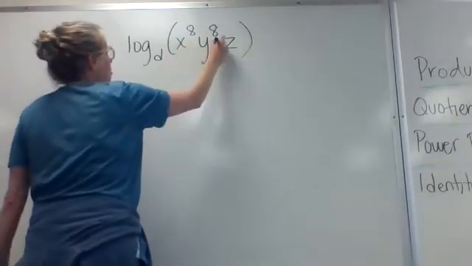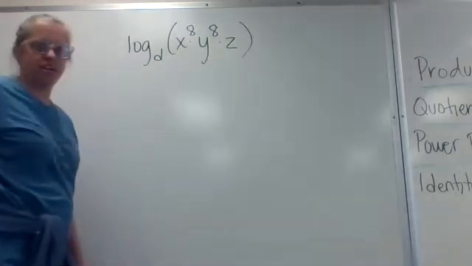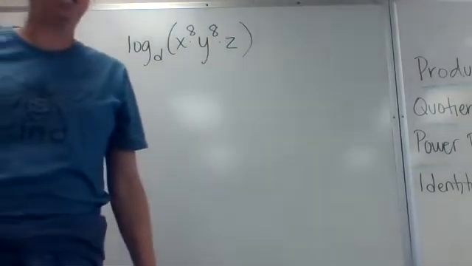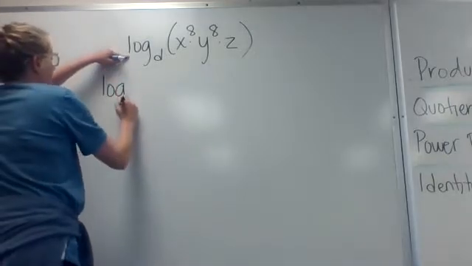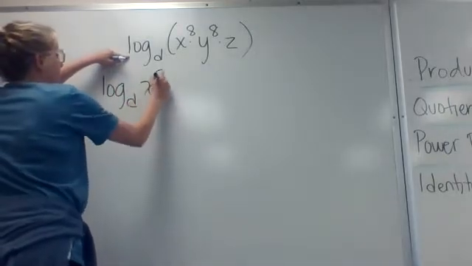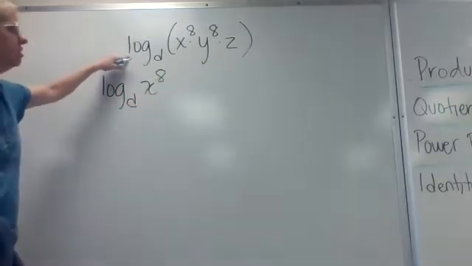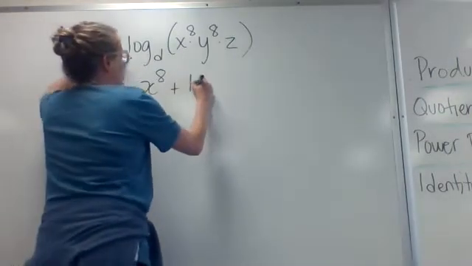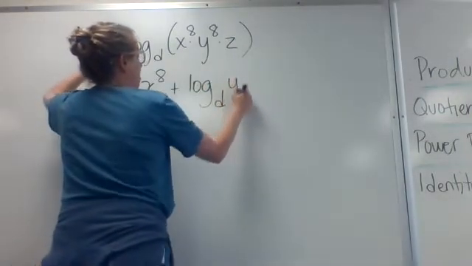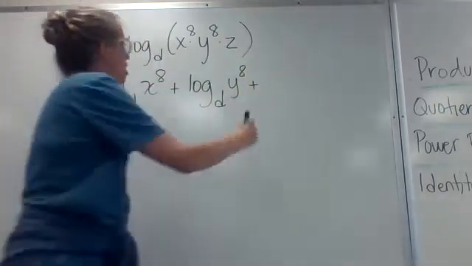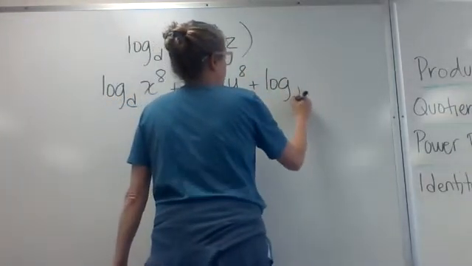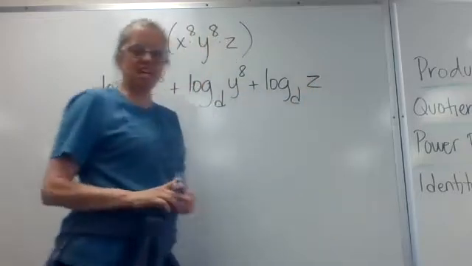So there are 3 factors in there. So I'm going to express as the sum of those 3. So let's see, I've got log base d of x to the 8th plus log base d of y to the 8th plus log base d of z.